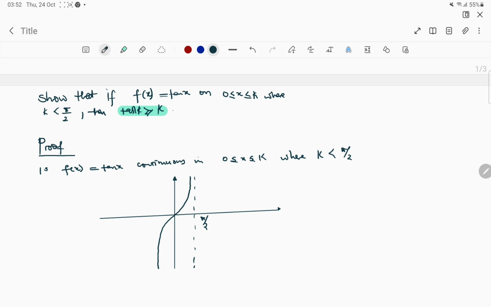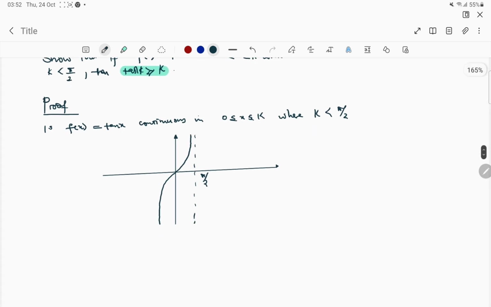So from 0 to less than pi over 2, tan is continuous, right? So it's no longer a question. We are now saying f(x) is continuous in 0 to k, where k is less than pi over 2, right?